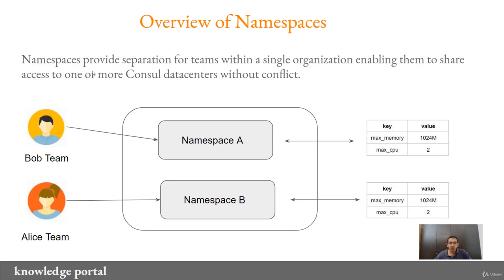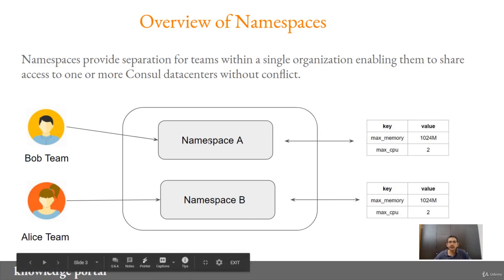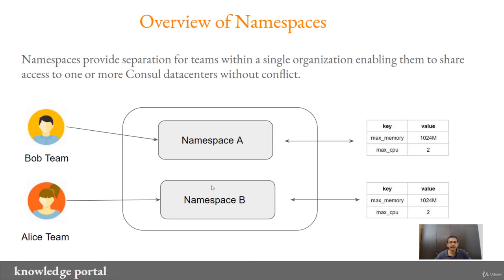So namespaces provide separation for teams within a single organization, enabling them to share access to one or more Consul data centers without conflict. Within a Consul data center, there will be a logical separation altogether. In this case, you have namespace A and namespace B, and both of these will have the same set of features, so they'll have a key value store, services and so on.